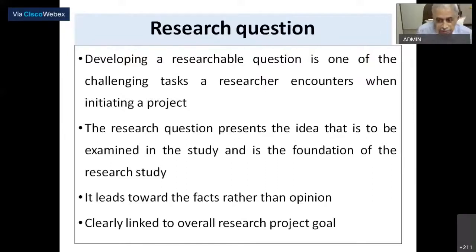So you establish not only the thinking, but also you put facts for the next generation to come. In any research project, the research question will give you the idea of your goal, where you want to take your research.